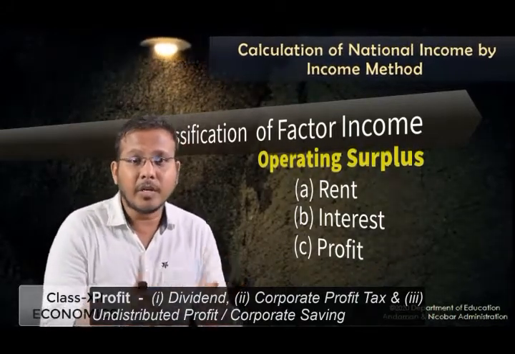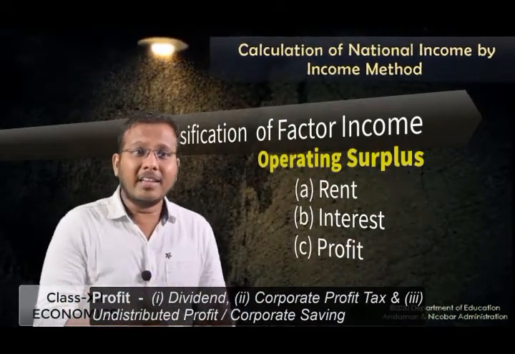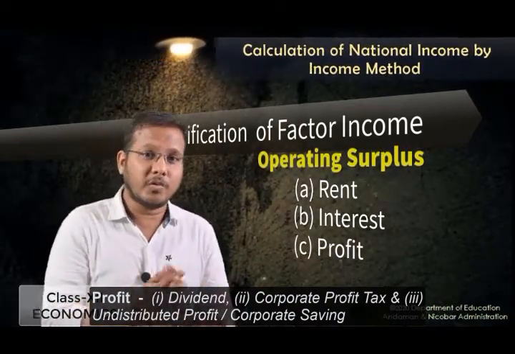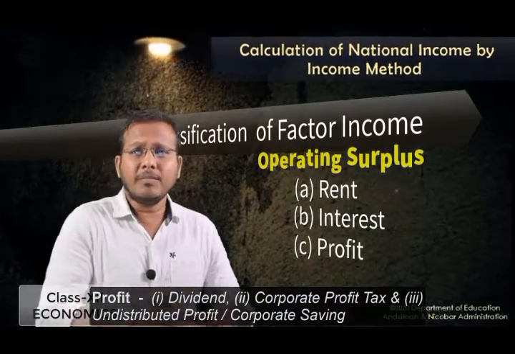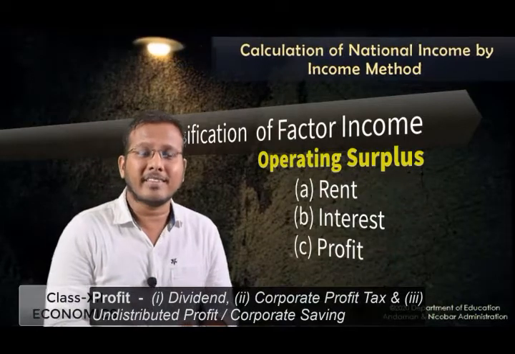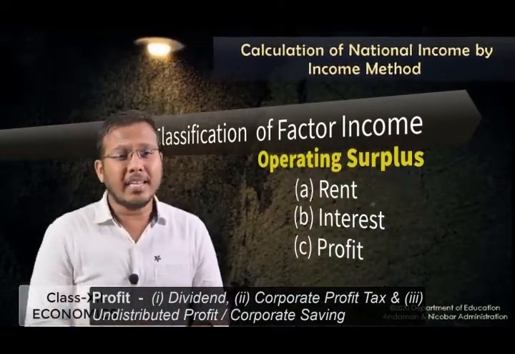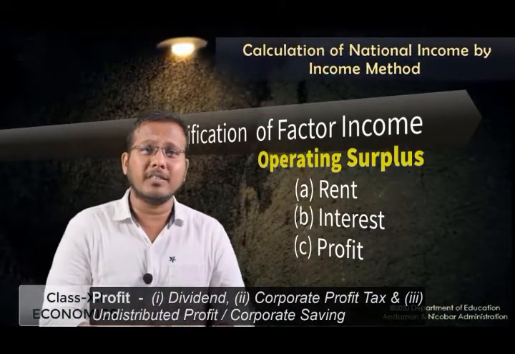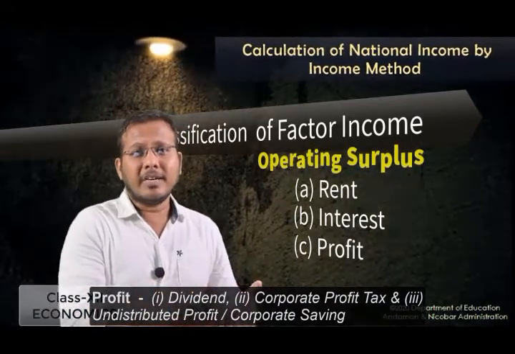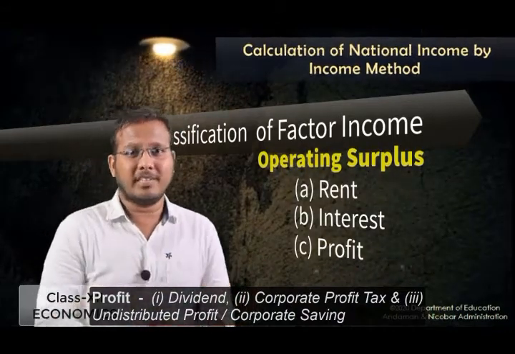The undistributed profit is the part of the profit which is retained by the firms for future use, particularly to meet some contingent expenses, and it is also called corporate saving or undistributed profit. So students, whenever we get numericals from the income method, the dividend and the distributed profit are the same concept.